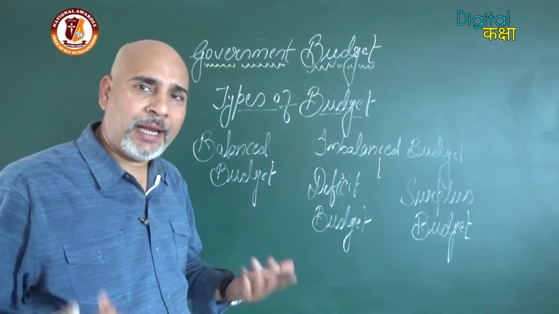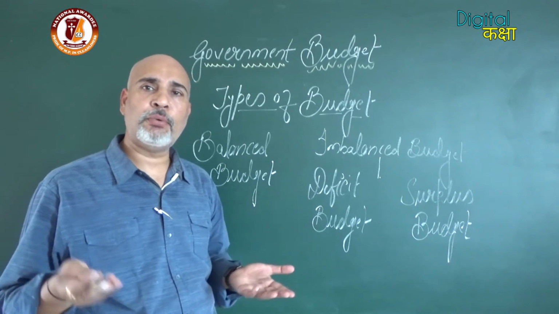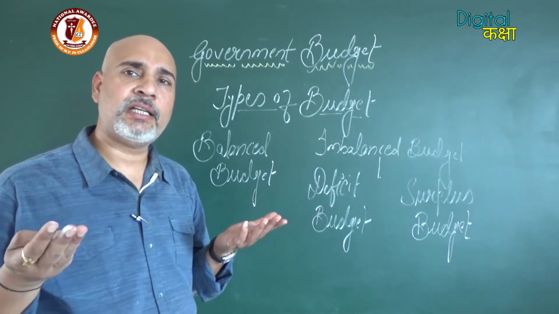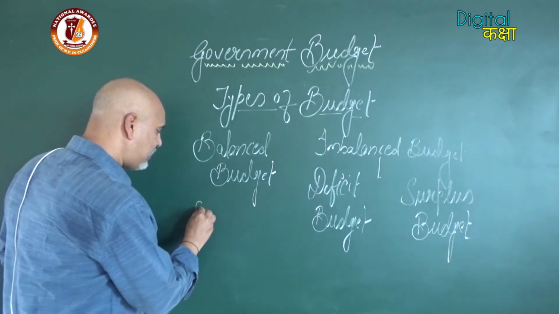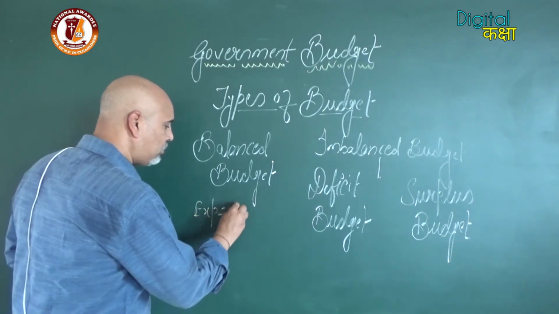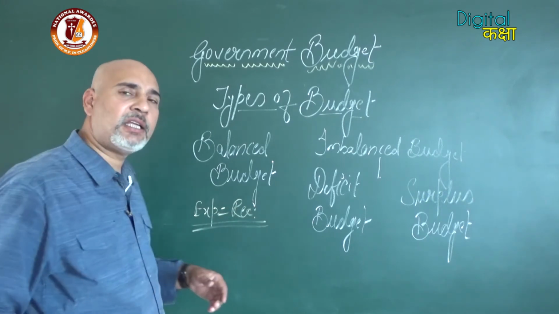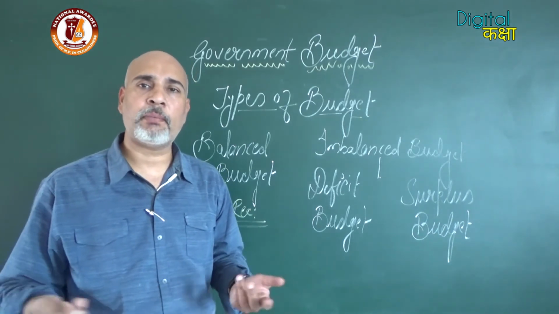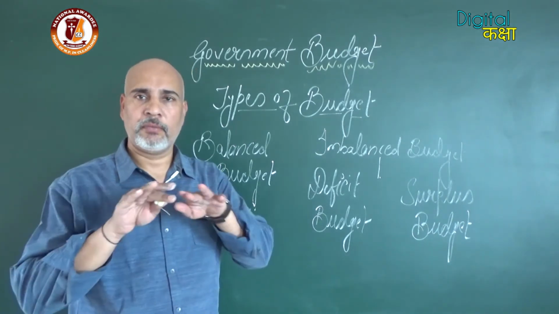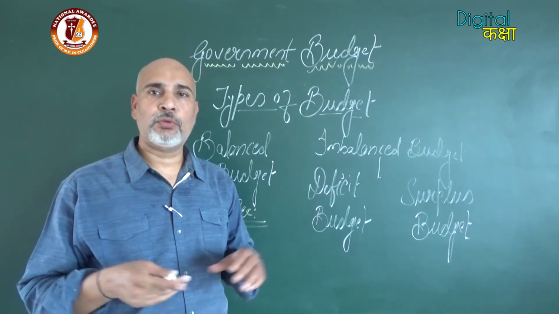A balanced budget means both components, that is expenditure and receipts, are equal. Expenditure is equal to receipts. That means neither do we have a deficit, that is loss, nor do we have a surplus in our hand. Equitable, equal. Okay, there is no disturbance.